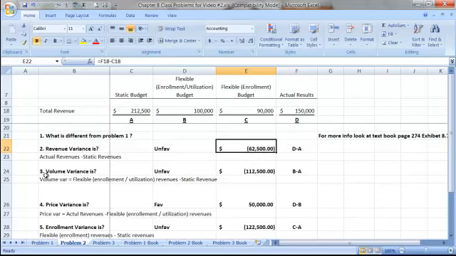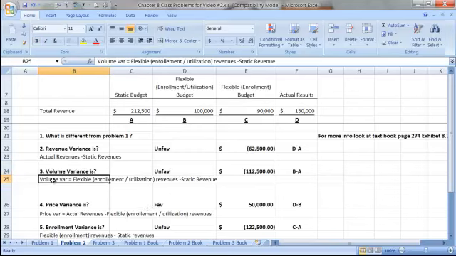Now, let's look at the volume variance. Remember, I even put little notes down here to explain a volume variance with these kinds of budgets. We're going to take care of the enrollment utilization first. The volume variance is the flexible enrollment utilization revenue minus the static revenue.